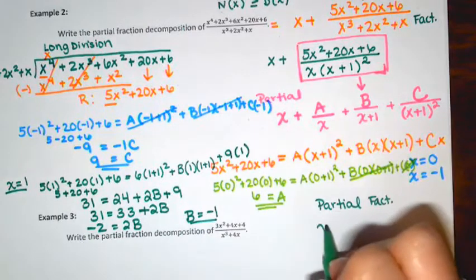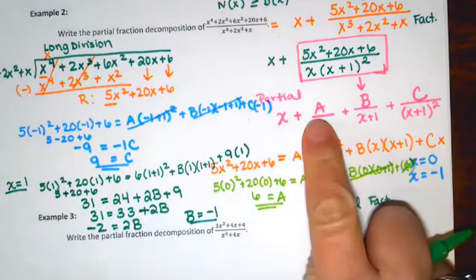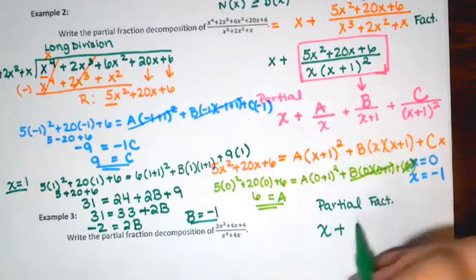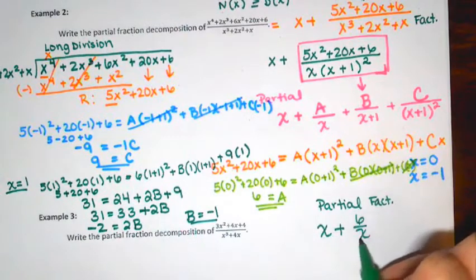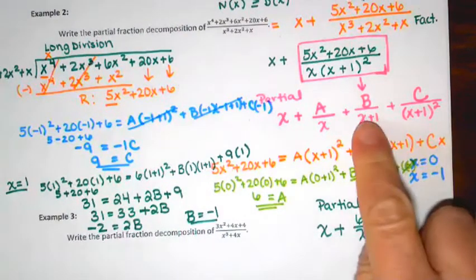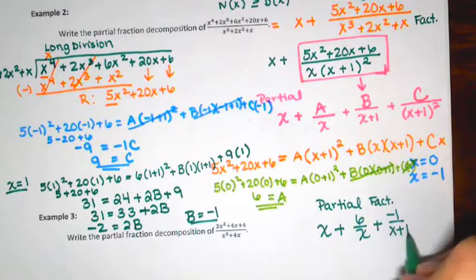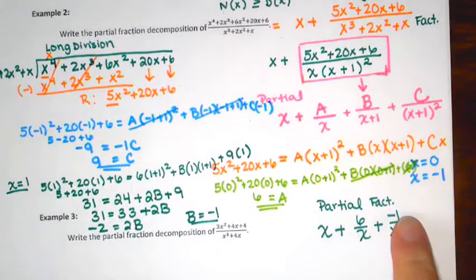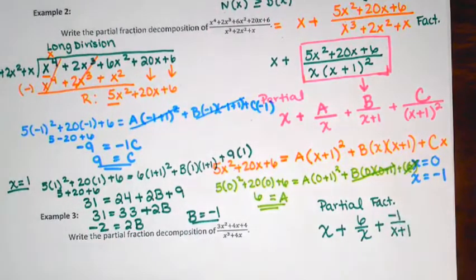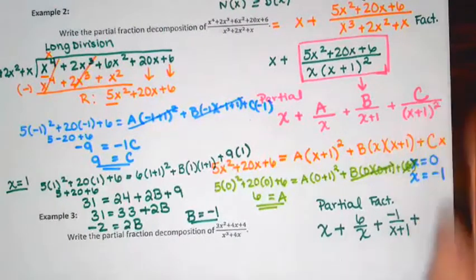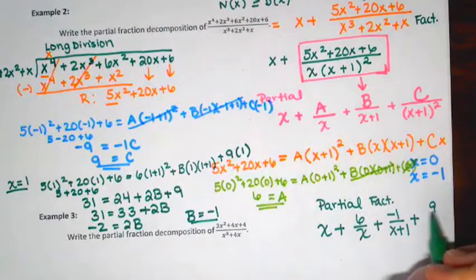So X plus, what was my A? 6 over X plus, what's my B? Negative 1 over X plus 1. Would it be okay if I put minus 1? Yeah, that's fine. Plus, what's my C? 9 over X plus 1 squared.